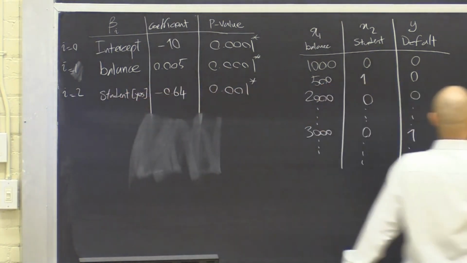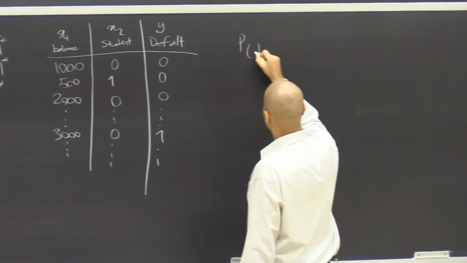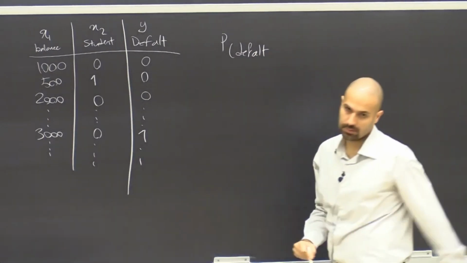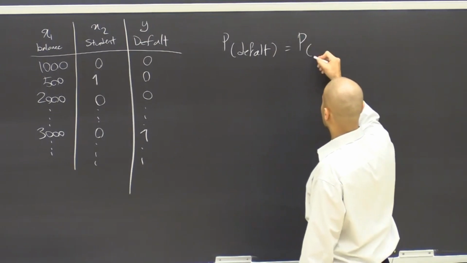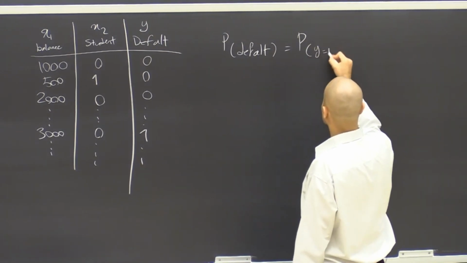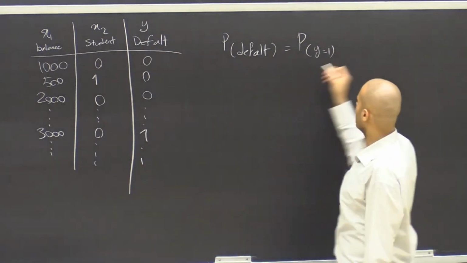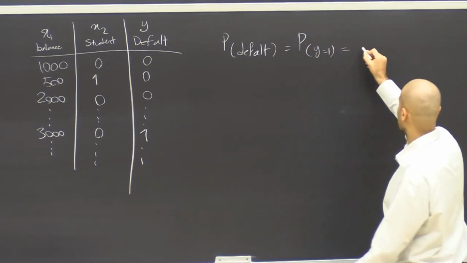Now, this model is essentially this. The probability of default is the probability of y being equal to 1. So this is what we're trying to estimate. As it is a probability, we need a fraction.